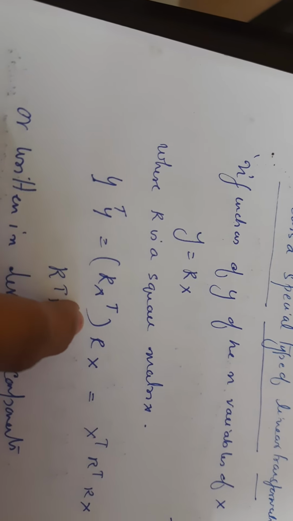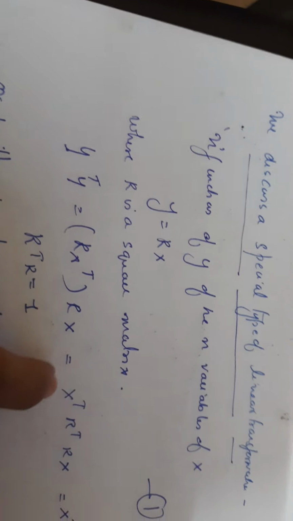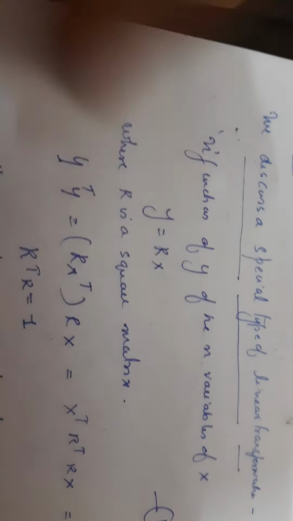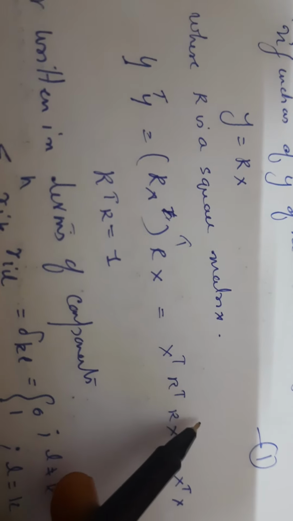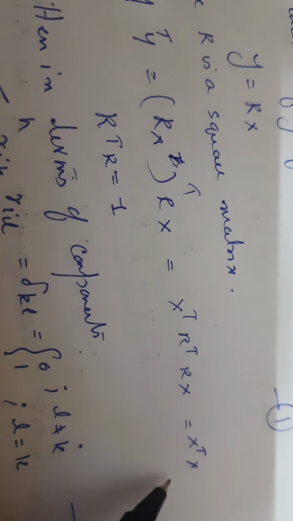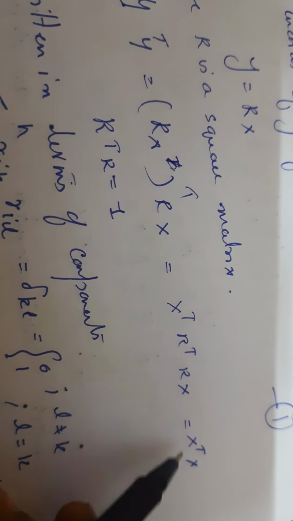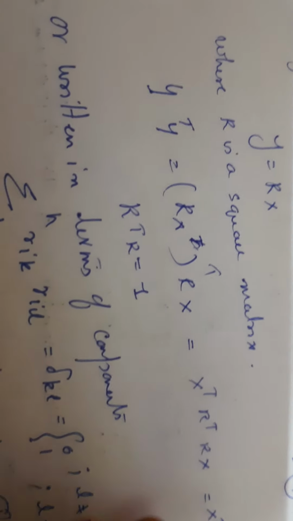So (Rx) transpose into Rx. I can put the transpose outside. Then you can have x transpose into R transpose into R into x. So this is equal to x transpose x when R transpose R is equal to 1.